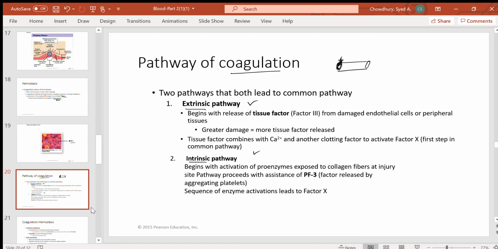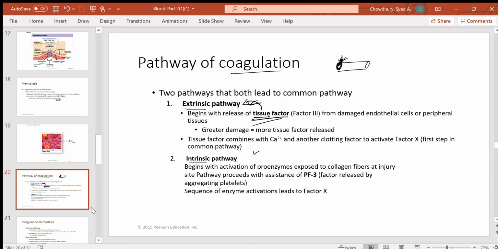So this is the extrinsic pathway because the wall of the blood vessel gets ruptured, and that wall will release the tissue factor, because from the tissue chemicals will be released, okay, and that will stimulate or trigger the extrinsic pathway.